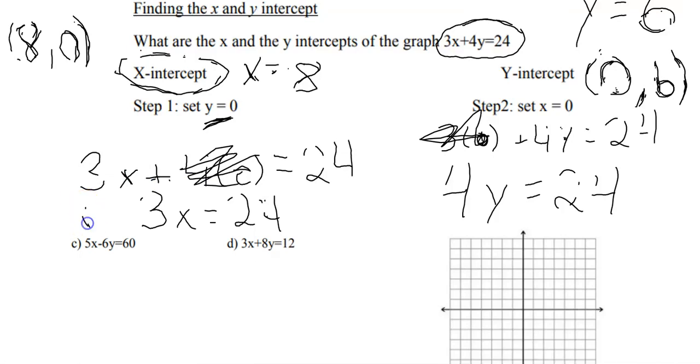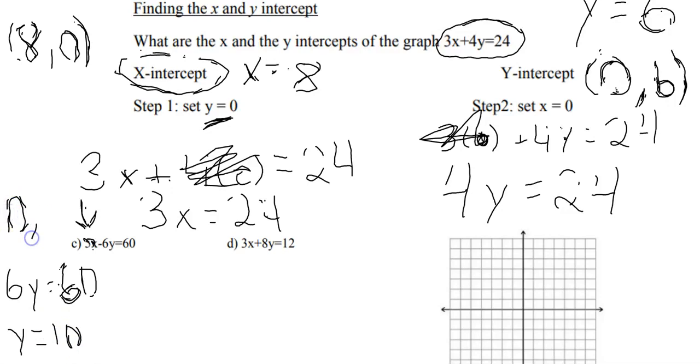If I set my x equal to 0 here, we can see this is going to cancel out, and I'm going to get 6y equals 60. When I solve that, I'm going to get y equals 10. So I've got the point x is 0, y is 10.